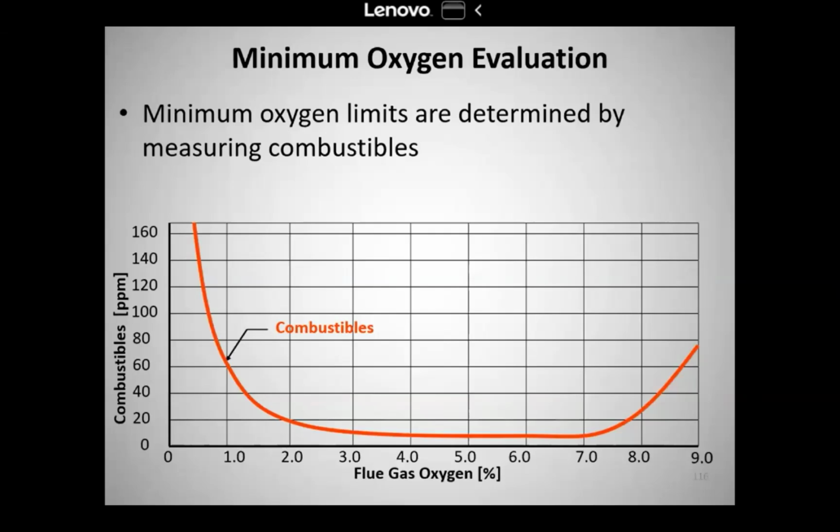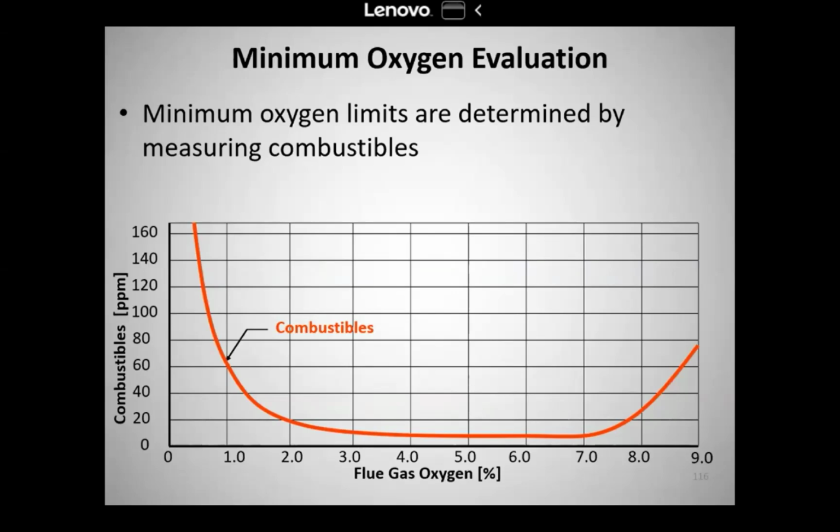So you see flue gas oxygen percent down on the bottom, and then you see combustibles. If I have too little excess air, I'm burning rich, because I have more fuel and not enough air to burn it, and my combustibles go through the roof. Look at the parts per million. At 1% I'm at about 60 parts per million, and if I go to less air than that, it goes almost asymptotic, up like crazy.